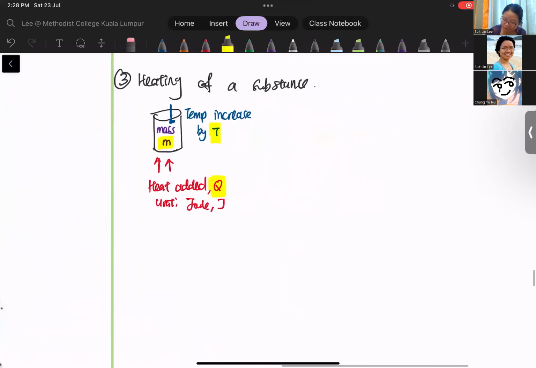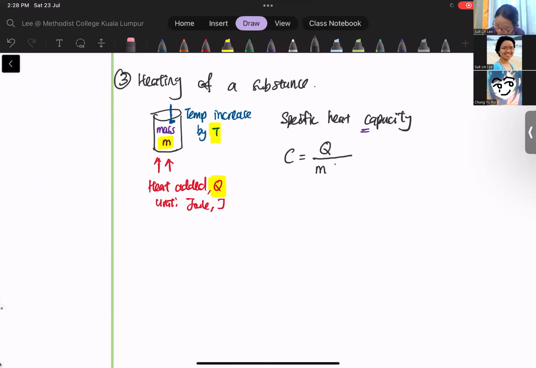So the understanding of specific heat capacity, you see the word C here, C for capacity. So C would be the amount of heat required per unit mass, per kilogram, per degree Celsius or per temperature.